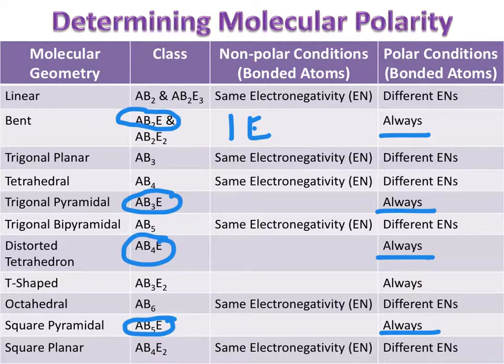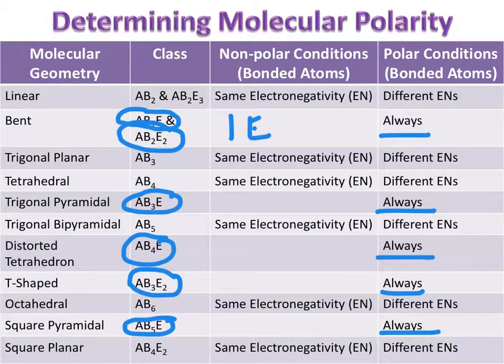Then there are 2 others, the AB2E2 and the AB3E2. Both of those are always. So basically, if you can break it down into those sets, one lone pair will always be polar. AB2E2, the bent molecule, will always be polar.